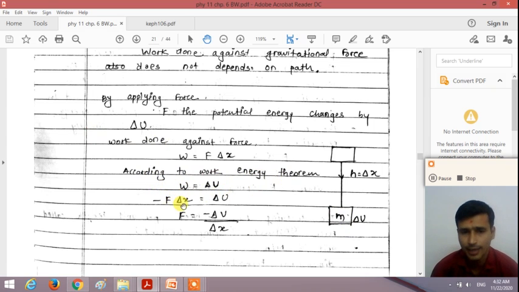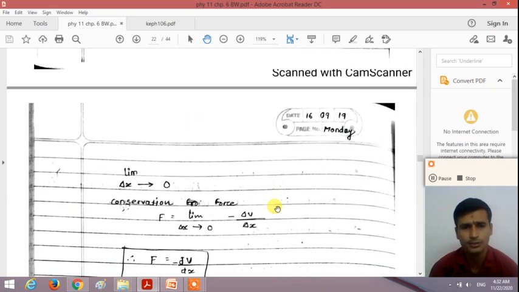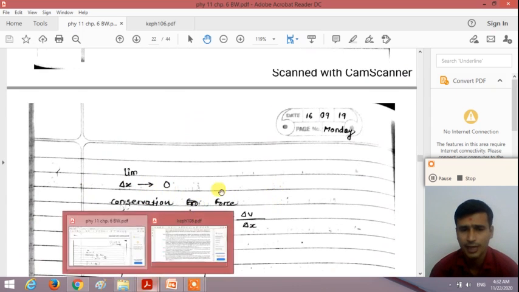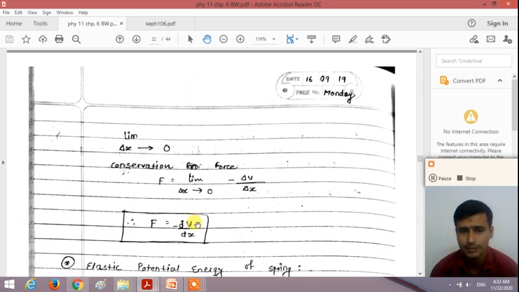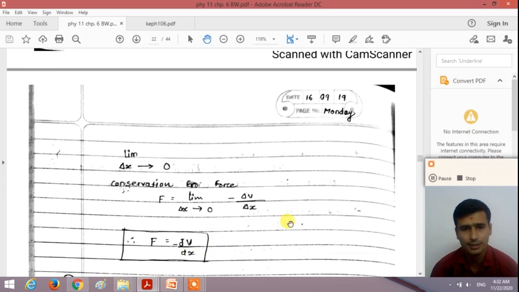So F delta x is equal to minus delta U. From that, the conservative force F is equal to minus delta U by delta x. Or if we consider the limit delta x tends to 0, an infinitesimally small displacement, the conservative force F is written as minus dU by dx, right? Understand, dear students, all these points.